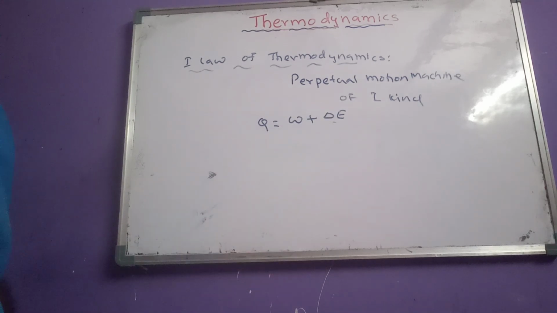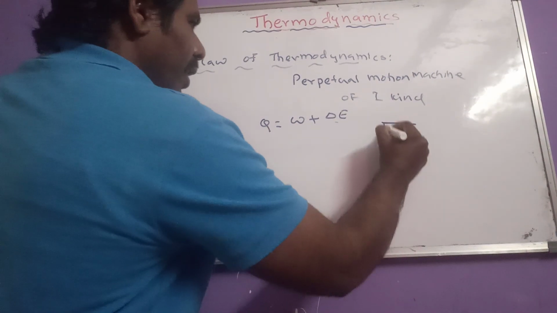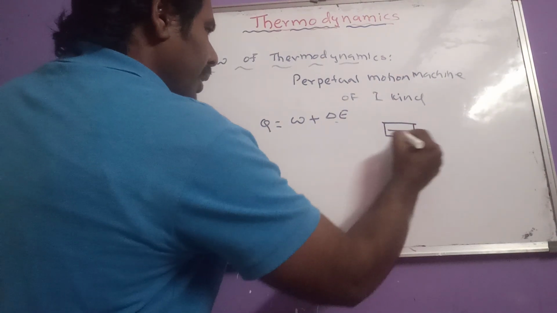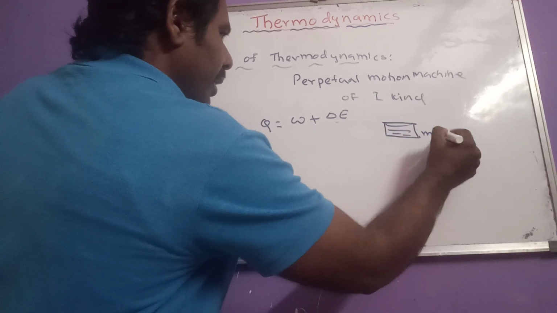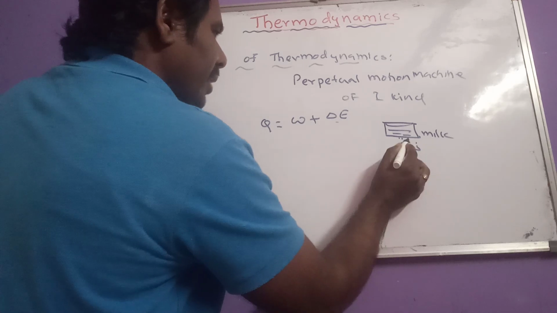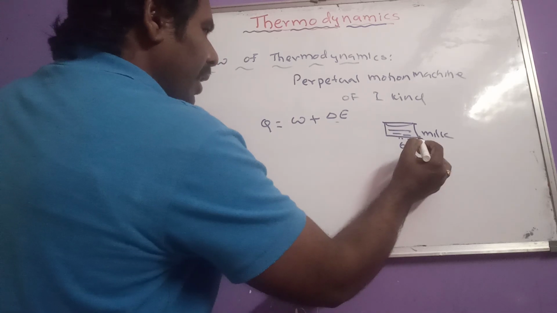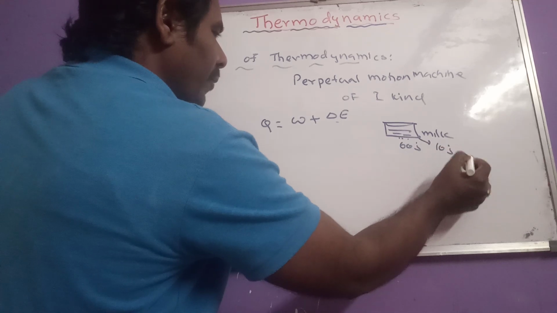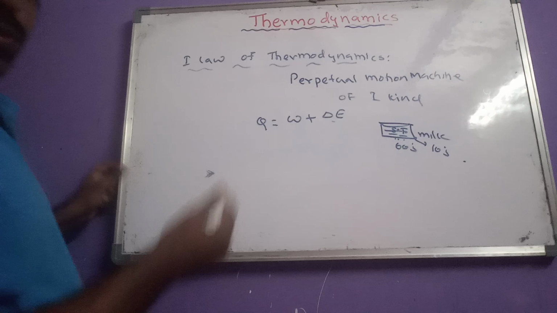change in internal energy. So for example, if we want to warm up milk in a container, suppose 60 joules of heat energy is given. The container will absorb some 10 joules of heat energy, and the remaining 50 joules is used to do the work.